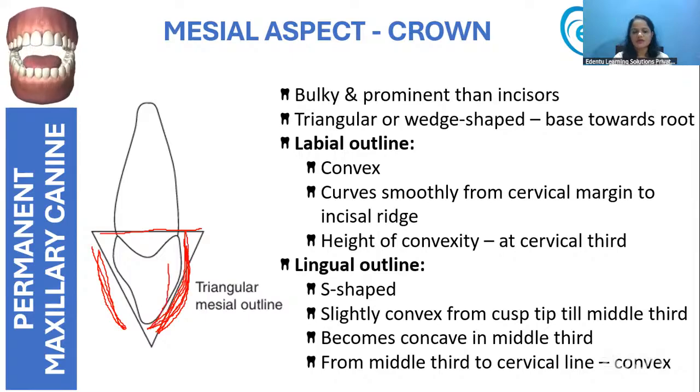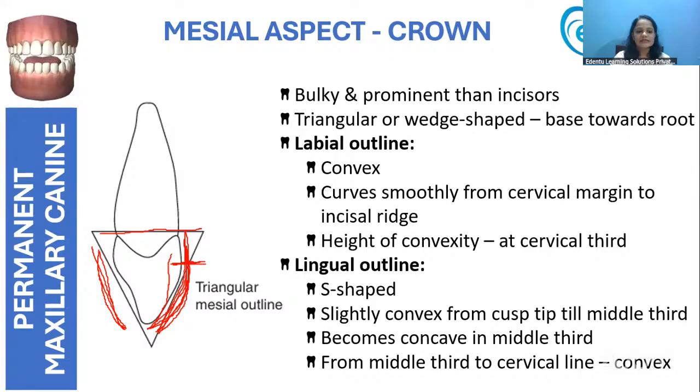The height of the convexity of this maxillary canine is usually at the cervical third. The convexity of this labial portion is more, the height of the convexity is more in the cervical third, not in the middle third.